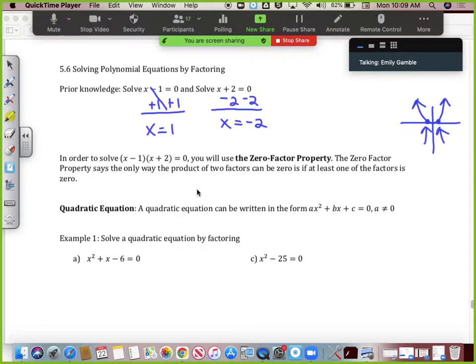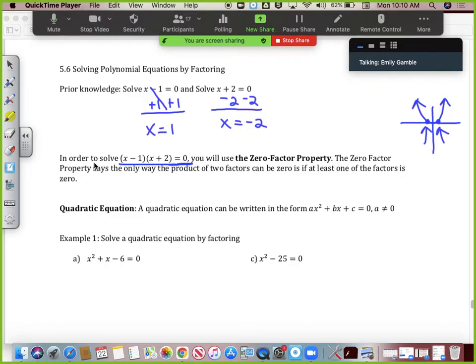So if we ever factor a trinomial and we get something like this, x minus 1 times x plus 2, and I say solve this, it's actually going to be the equation x minus 1 times x plus 2 equals 0. And we use something called the zero factor property to find the 2 solutions to where the quadratic touches the x-axis. What you do is you separate the little parts equal to 0 separately.